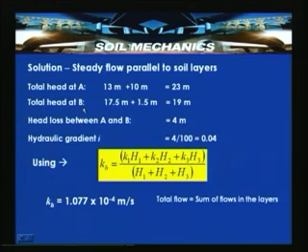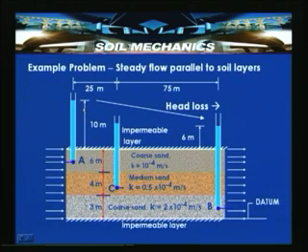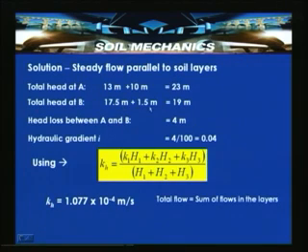Total head at B is again elevation head of 1.5 meters plus the pressure head, and the total head available at B is 19 meters. Head loss between A and B is 23 minus 19, that is 4 meters. The horizontal length over which the flow occurs is around 100 meters, so the hydraulic gradient is 4 by 100, which is 0.04.